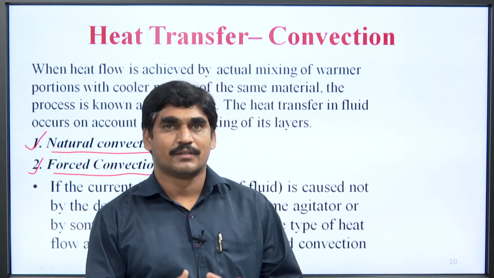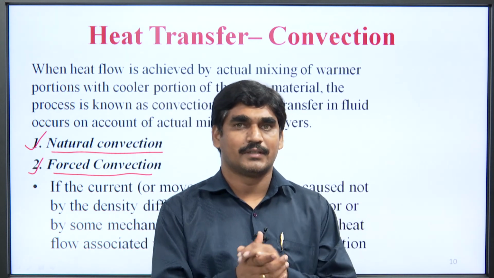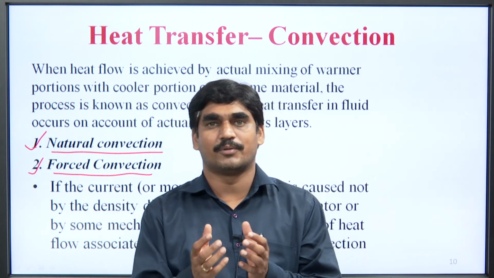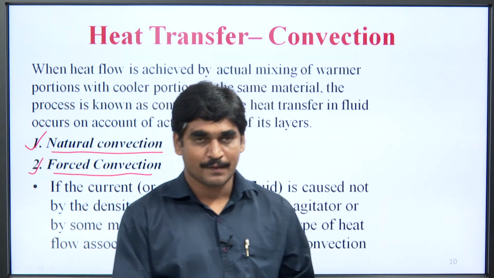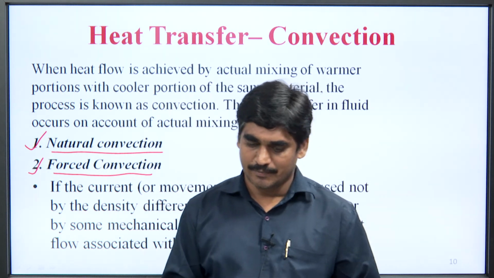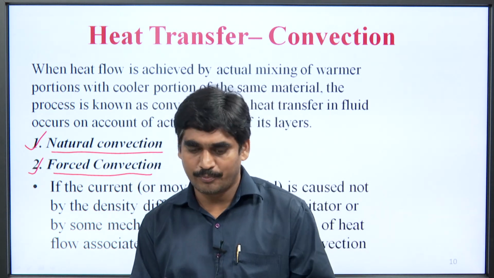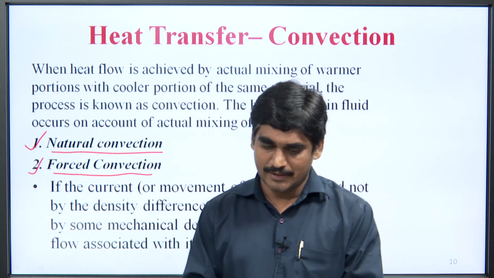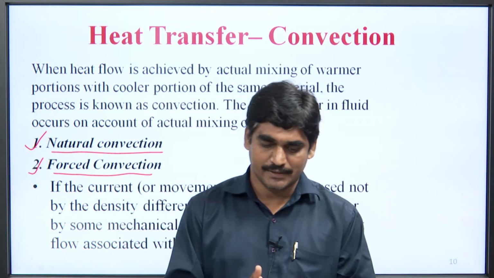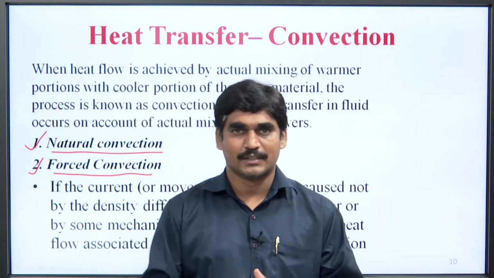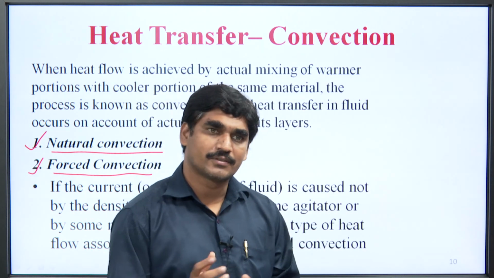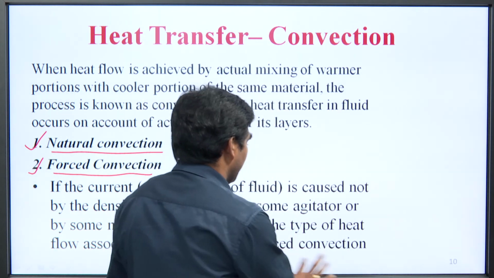Natural convection is when heat transfer takes place naturally, without the help of any external object. Forced convection is when the movement of fluid is caused not by density difference, but by some agitation or mechanical devices.